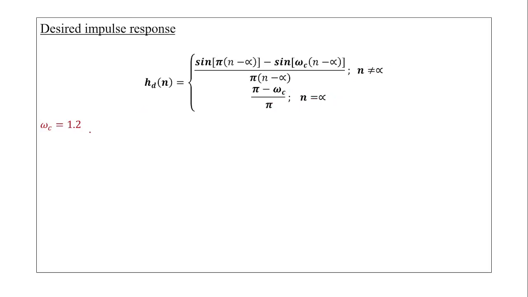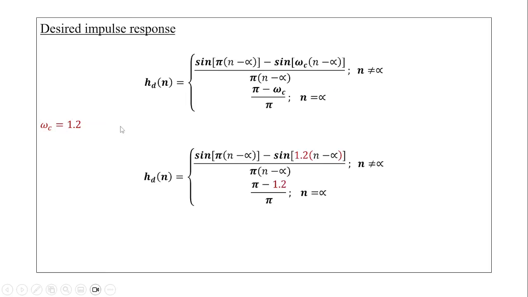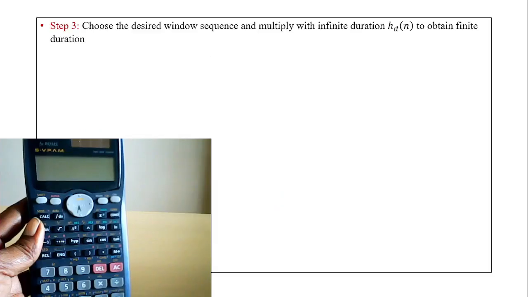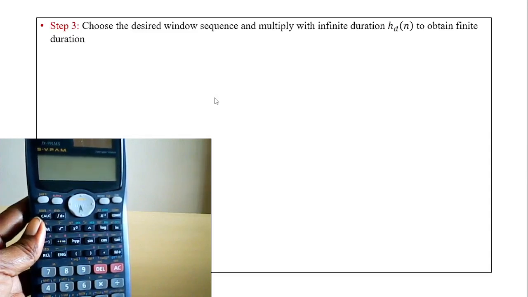Your omega c value is obtained from the problem statement as 1.2. Substitute omega c as 1.2. Now step 3: choose the desired window sequence and multiply with the infinite duration hd of n to obtain the finite duration h of n.